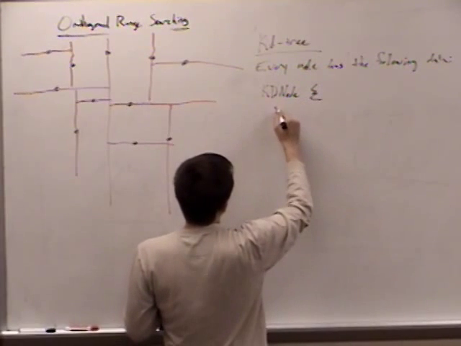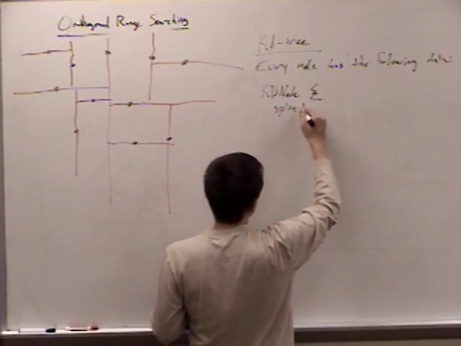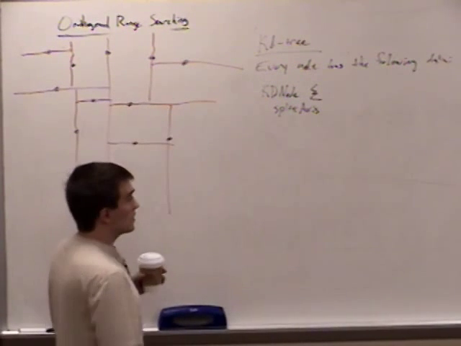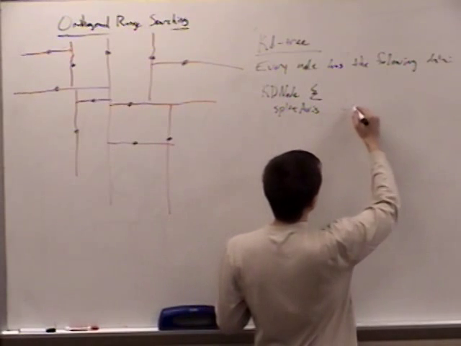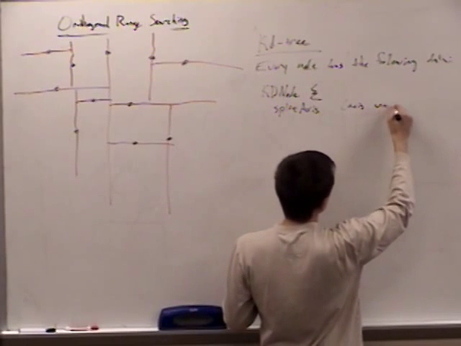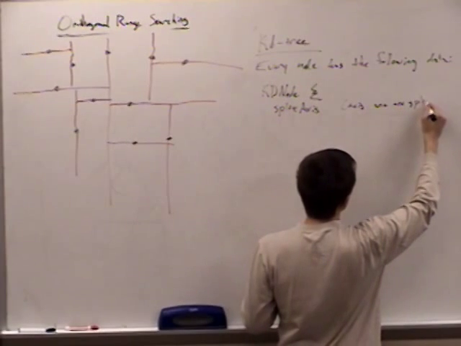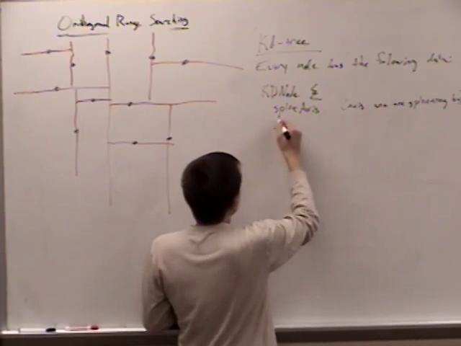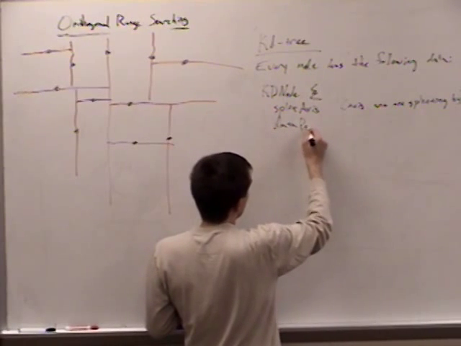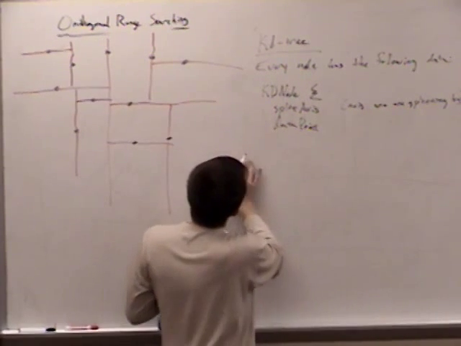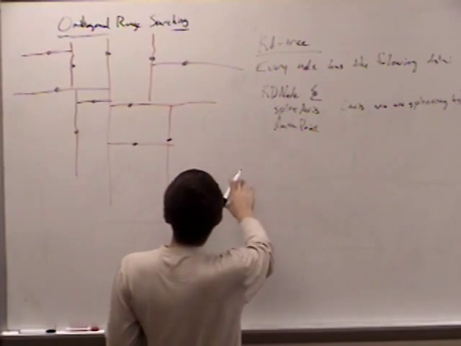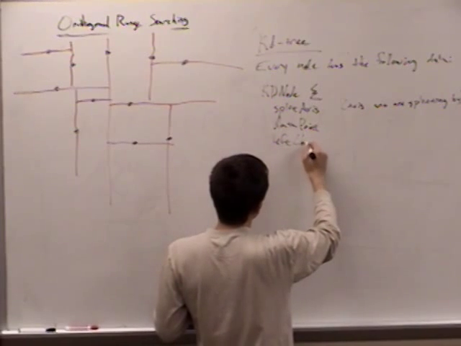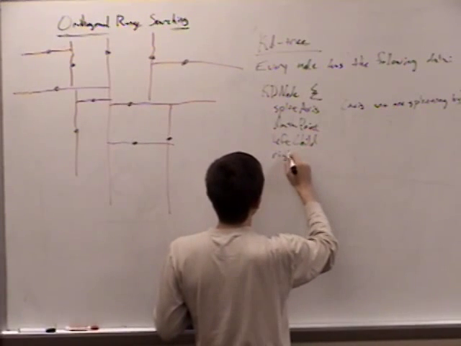It's going to have a split axis, which is whichever dimension it's splitting along. So this will just be the axis we are splitting by. It's going to have a data point, and it's also going to have a left child and a right child.